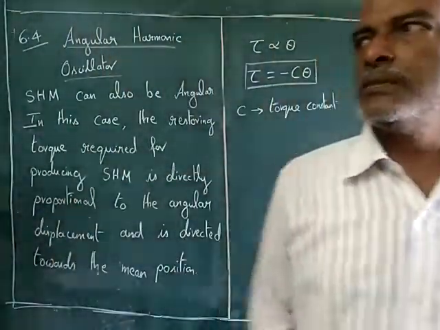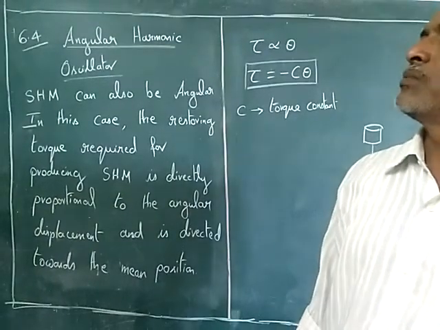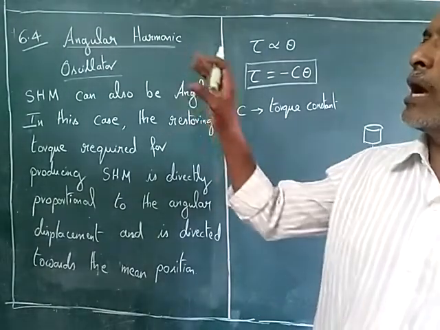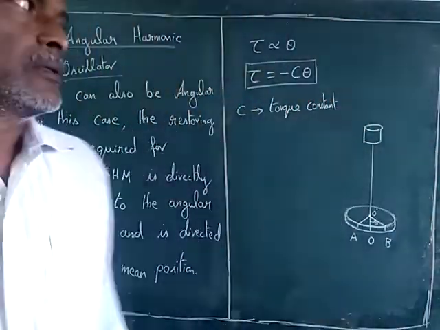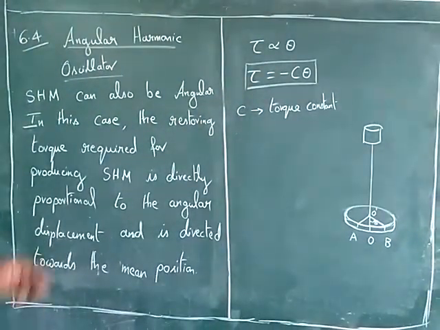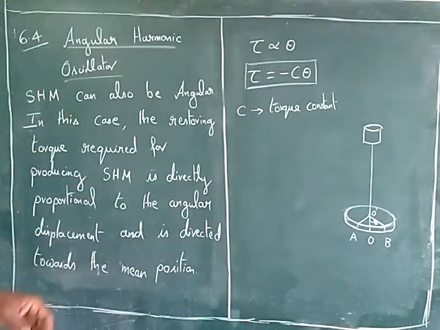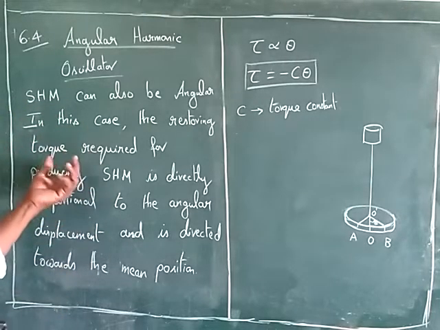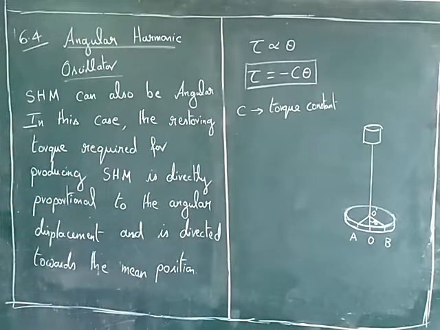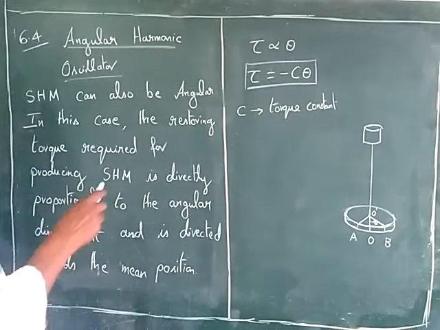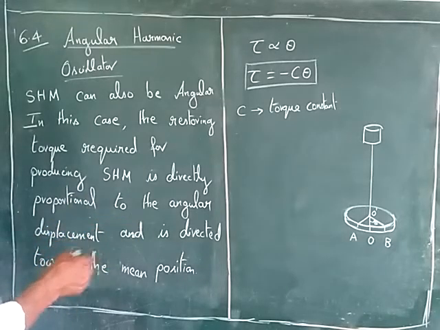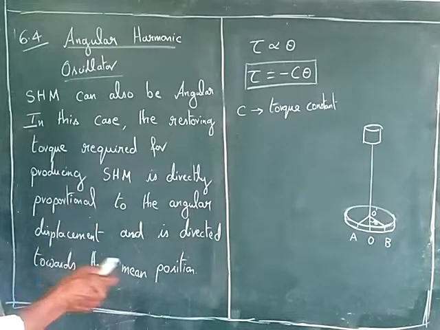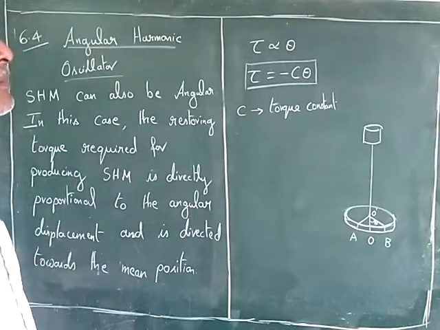Hello viewers, in today's class we are going to see about the angular harmonic oscillator. A simple harmonic motion can also be angular. In this case, the restoring torque required for producing simple harmonic motion is directly proportional to the angular displacement and is directed towards the mean position.